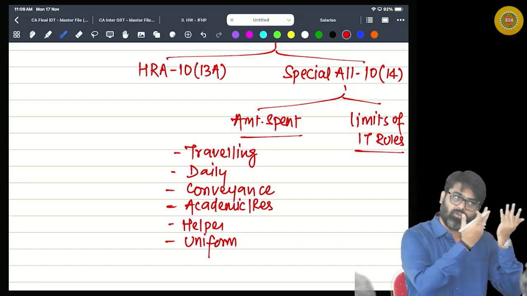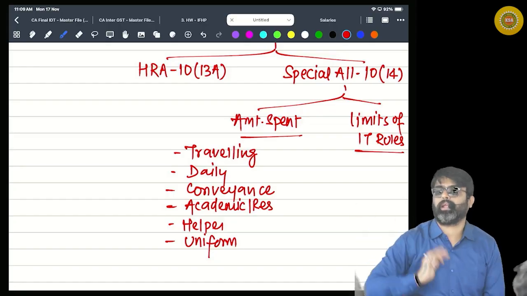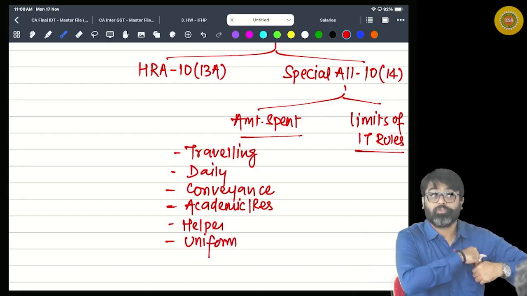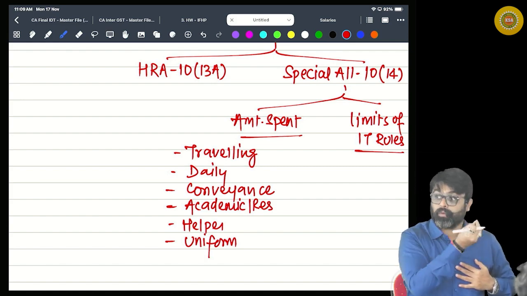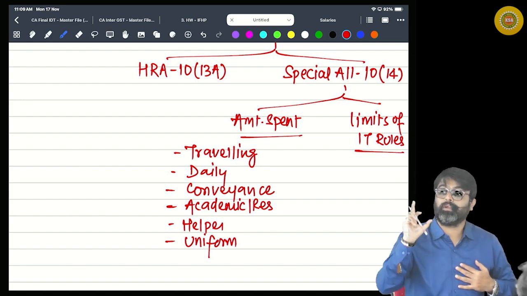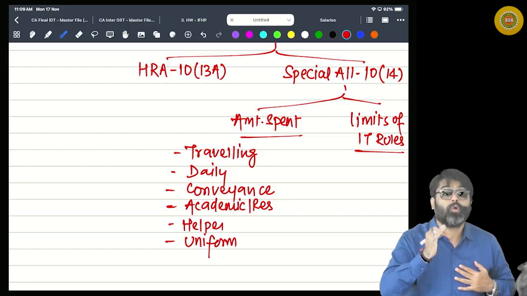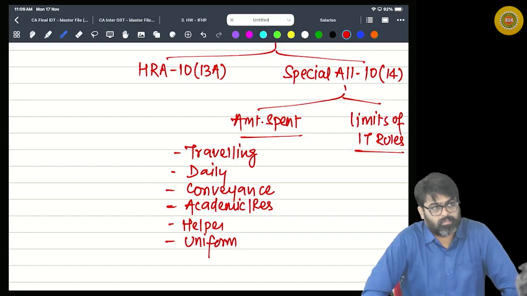Meaning in that 5500, the entire 5000 is spent. Entire 5000 will be exempt. What about that extra 500? You have spent that out of your own pocket. For that you are going to get reimbursement from the employer, and that reimbursement will not be treated as your income, because that is reimbursement of official expense. Got it, sir? These 6 allowances you will remember.